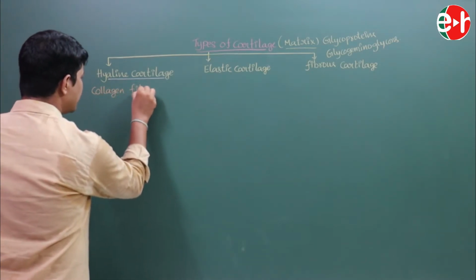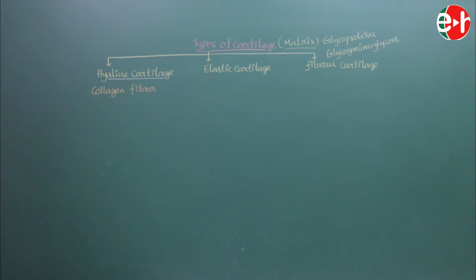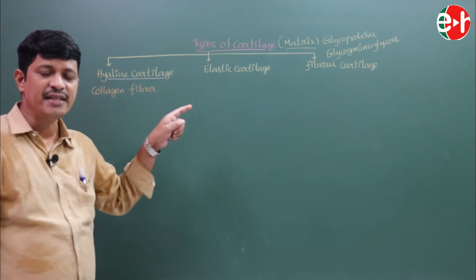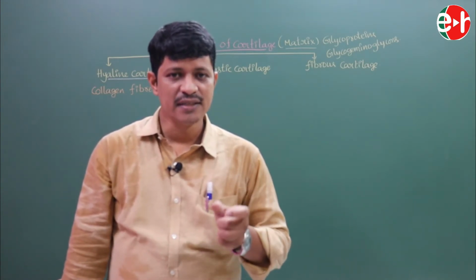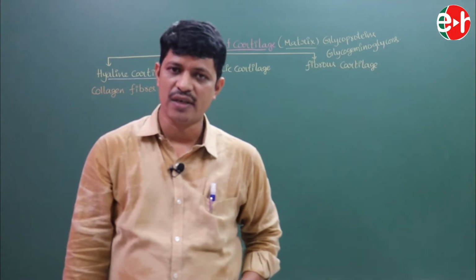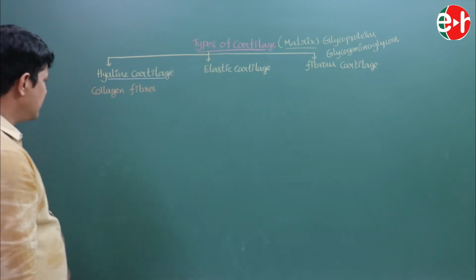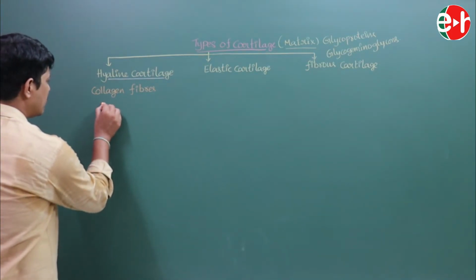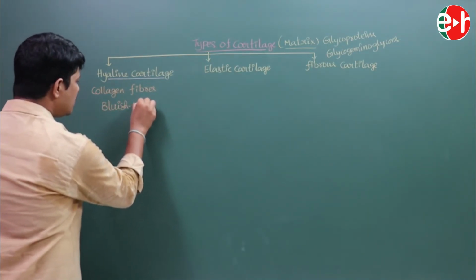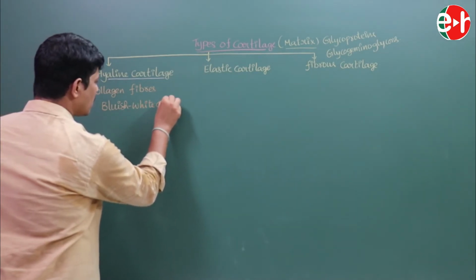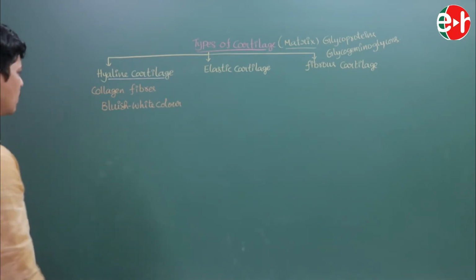The presence of collagen fibers gives a whitish color to the part, whereas the cartilage that contains elastic fibers gives a yellowish color. Due to the presence of collagen fibers, hyaline cartilage is a bluish white color cartilage.